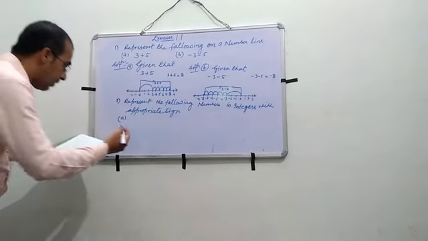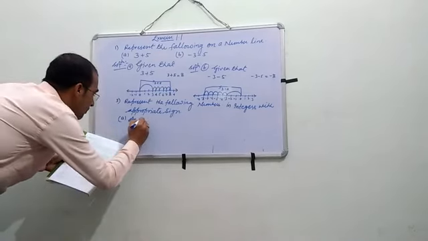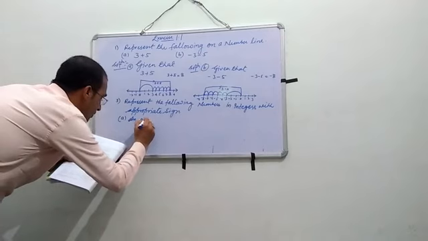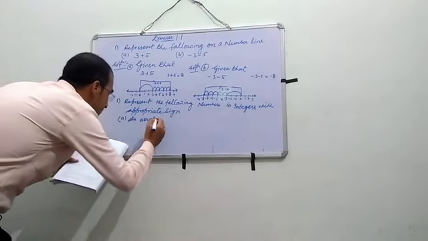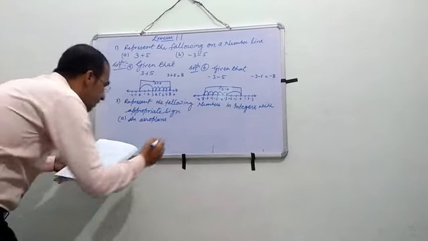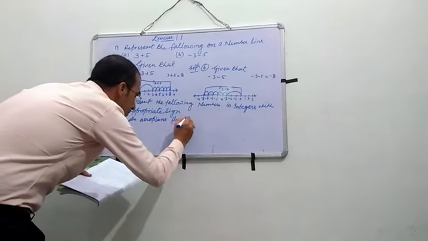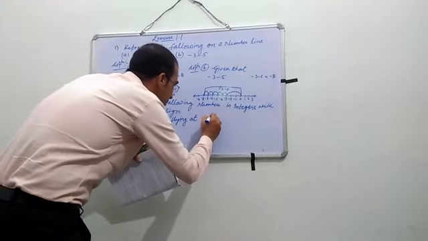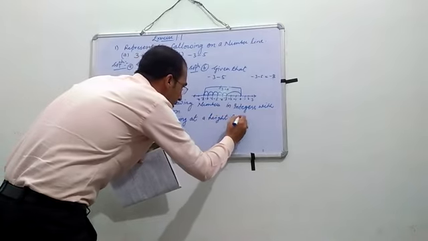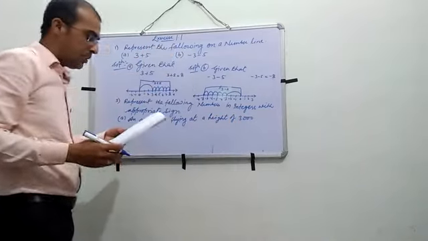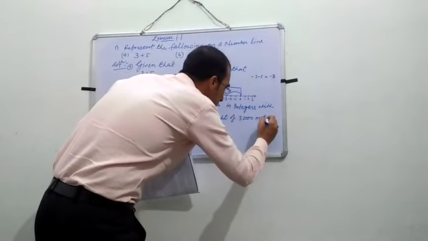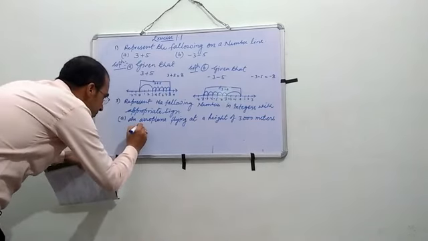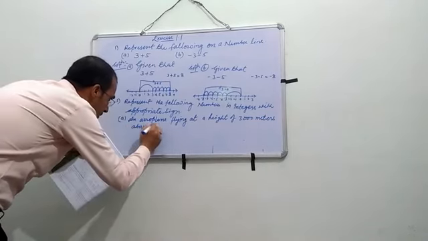So the first part, A, is given: an aeroplane flying at a height of 3000 meters above the ground.